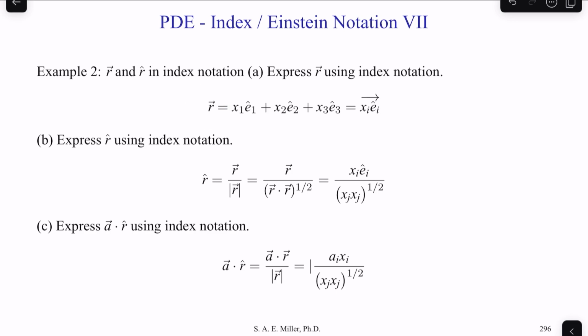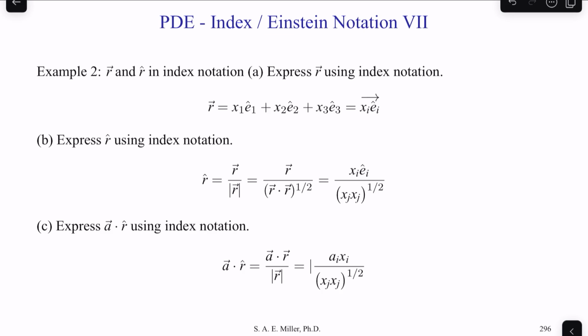Let's try and express that a little bit differently in index notation. Let's try and write the unit vector of the vector r. Well, we know by definition that's the vector r, which has 3 components in this case, divided by its magnitude. So we'll take the vector r and leave it in the numerator, and the magnitude of that vector is its dot product to the half.